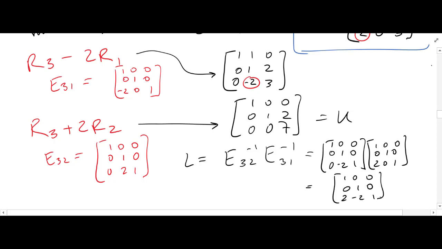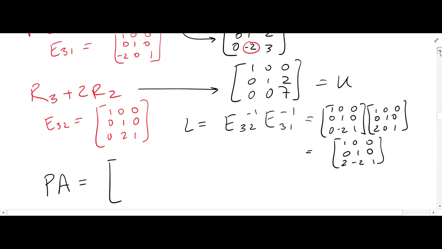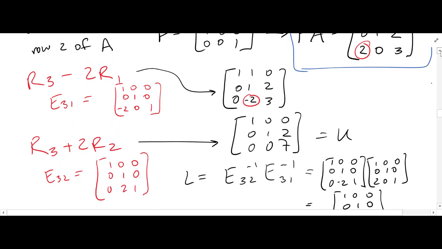If you multiply it out, it would give you this. So that's the L, and so our PA equals LU. Would that also be E31 inverse on the left? Let's see. E31 inverse on the left.